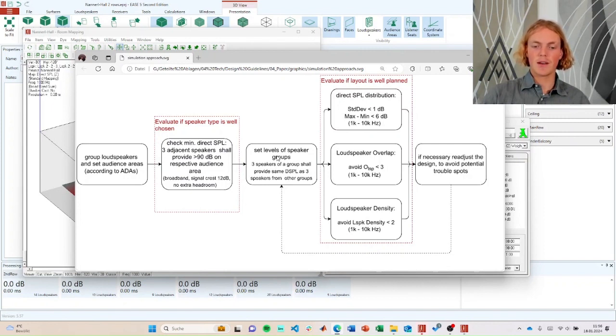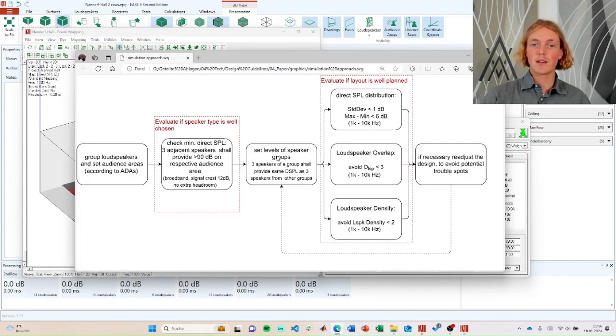The next step then is to set the levels of the speaker groups so that each processing block produces the same level of direct SPL on the respective audience area.